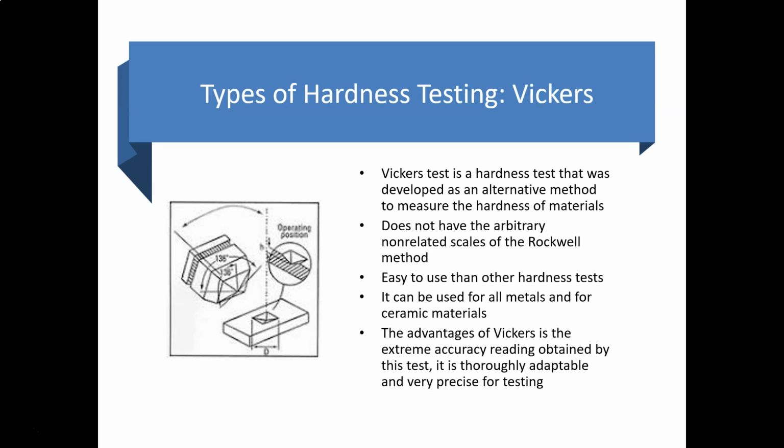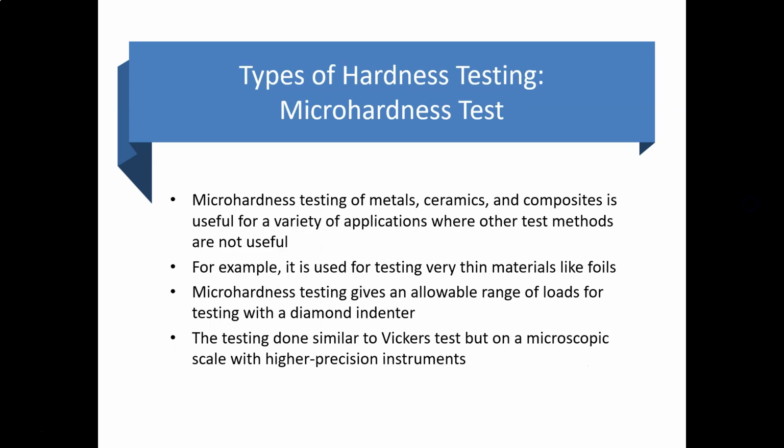It can be used for all metals and for ceramic materials. The advantages of Vickers is the extreme accuracy of the reading obtained by this test. It's thoroughly adaptable and very precise for testing. The one that we have on campus or at school is the Brinell testing device and testing method.